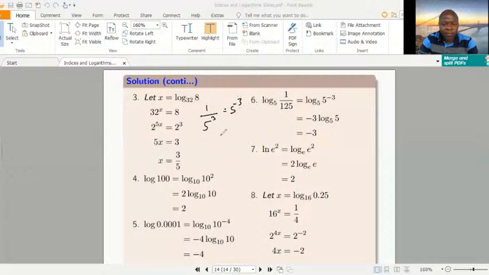And so therefore, what I have here can be written as the log of 5 raised to negative 3 to base 5. You know how the negative 3 came in. We already talked about indices earlier. And so, using that law of logarithm, the negative 3 comes before log. So I would have negative 3 log of 5 to base 5. And this is 1.